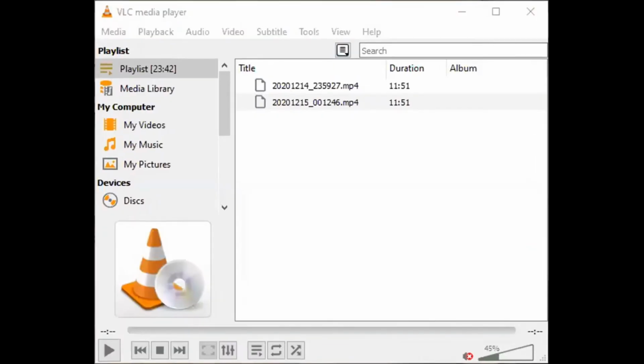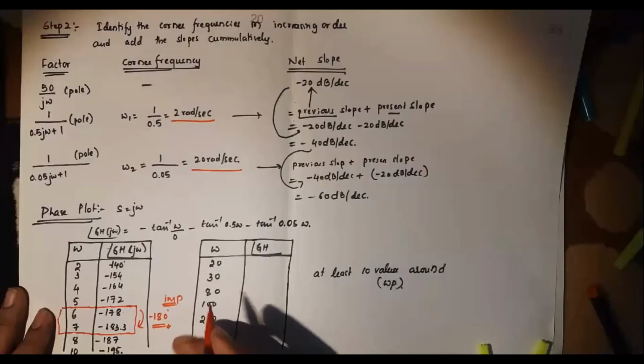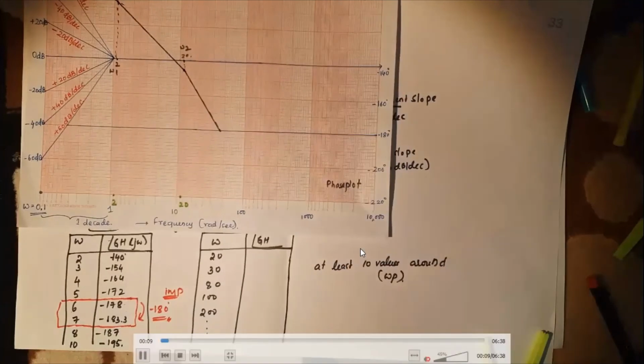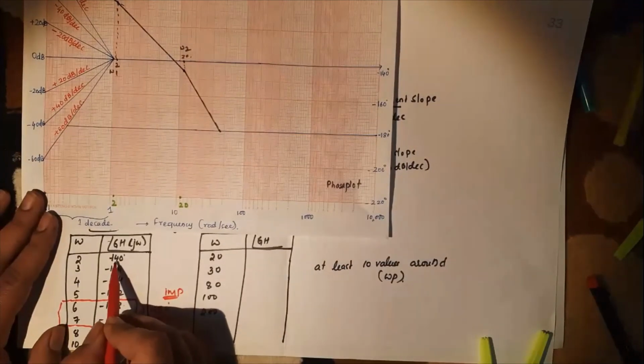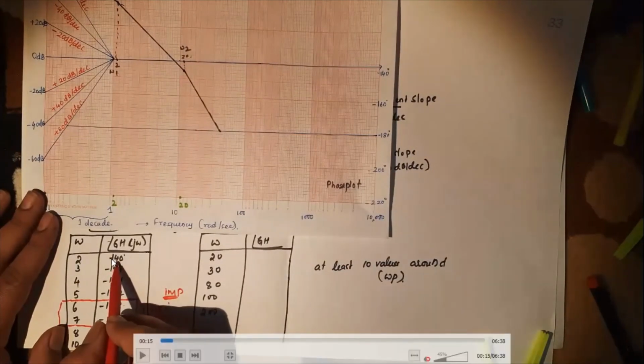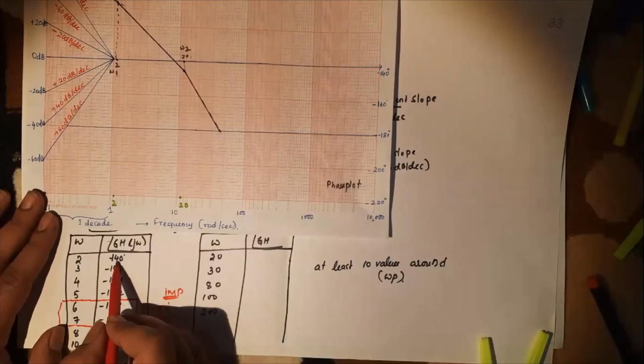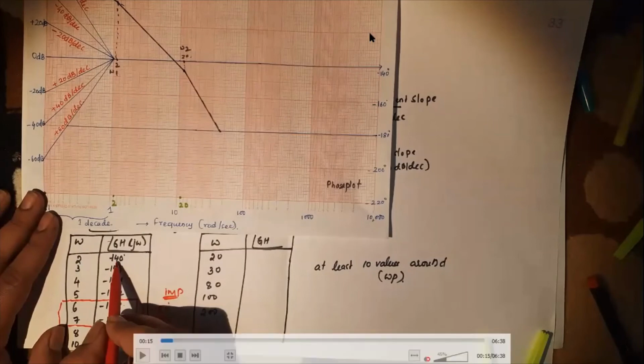Once we calculate the phase angle, we need to mark it on the graph. How do you mark it on the graph? At omega equal to 2, the phase angle is minus 140.